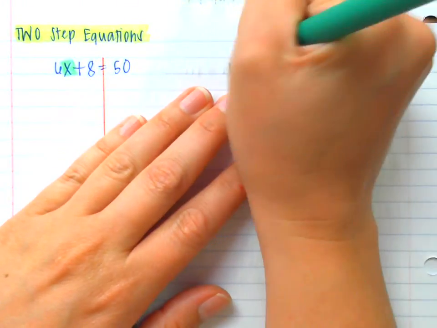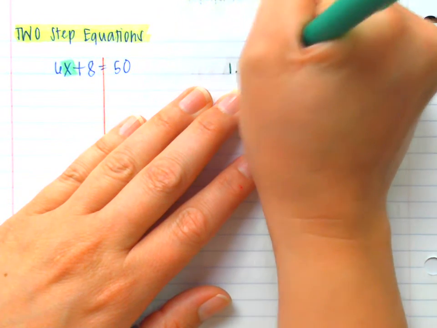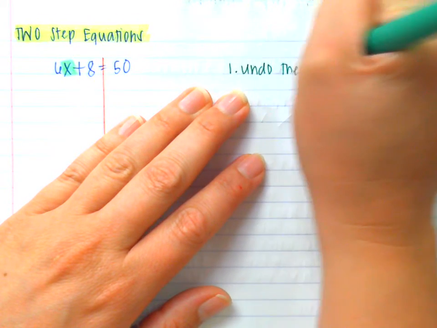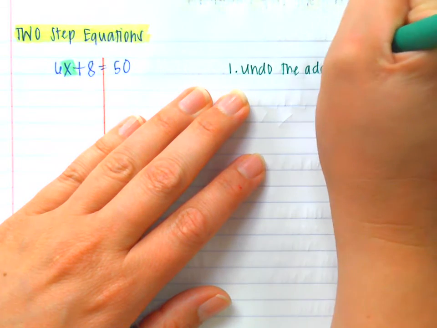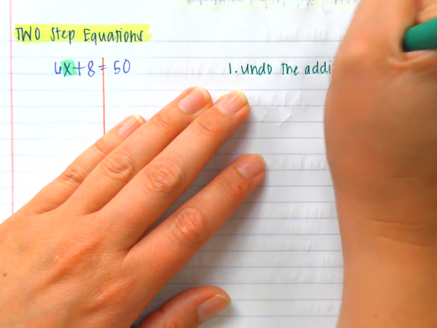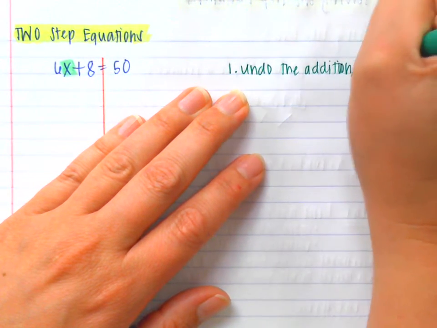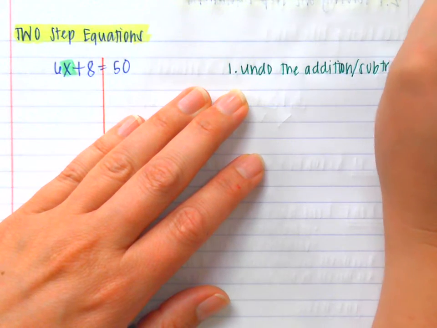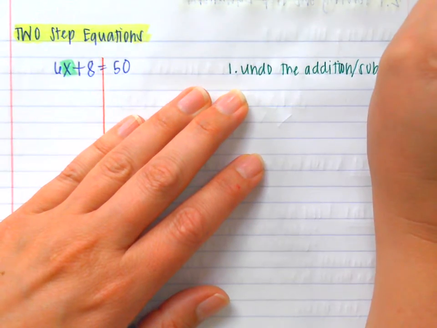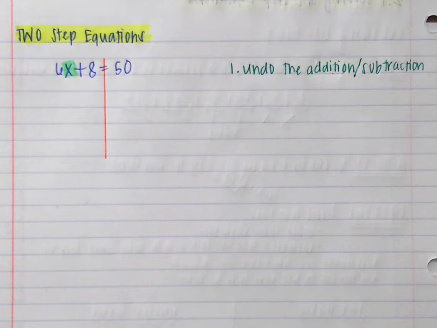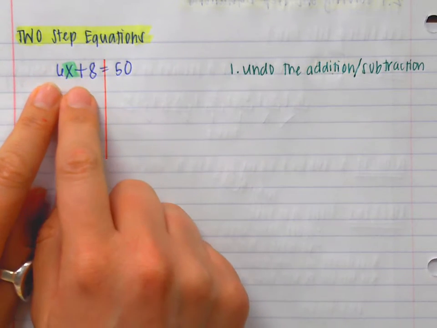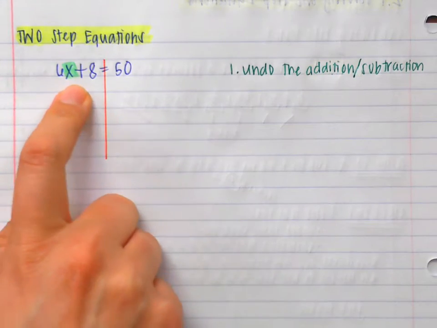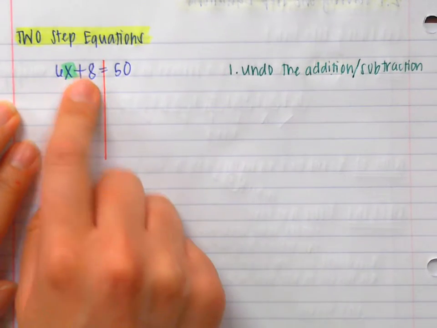So that's the first thing I'm going to do. Undo the addition or subtraction. Okay, so to undo the addition or subtraction, I look on my side that has the variable. And so what's being added on this side? Well, it's that plus 8.